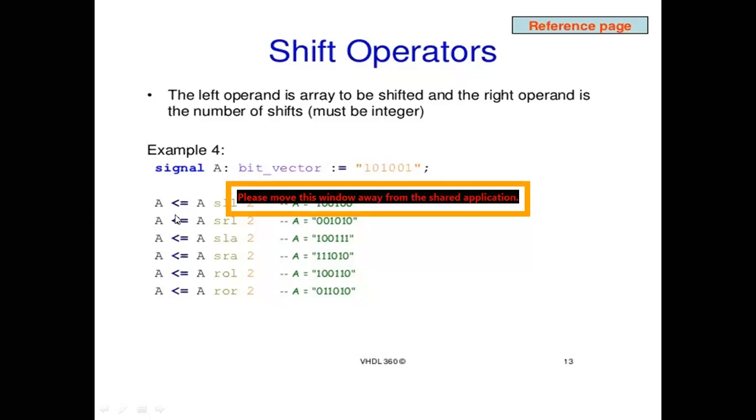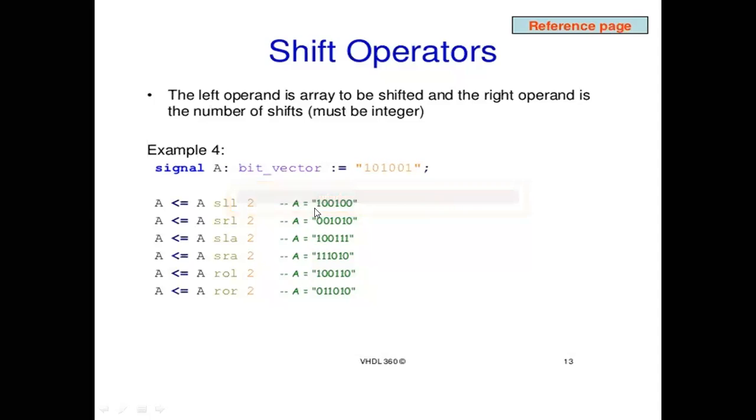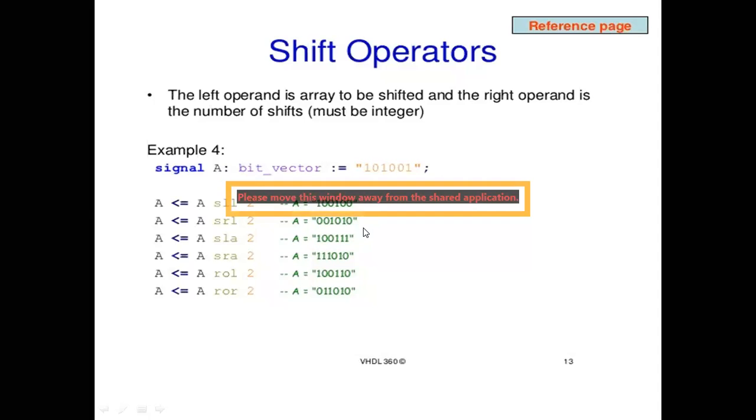Next, first one, take the shift left logical operation, SLL. For this array of bits, we can do the SLL operation. What is meant by SLL? Shift left logical. So observe the output value.